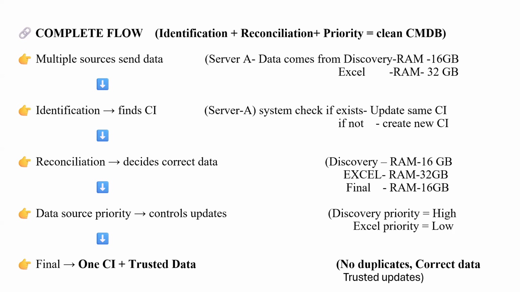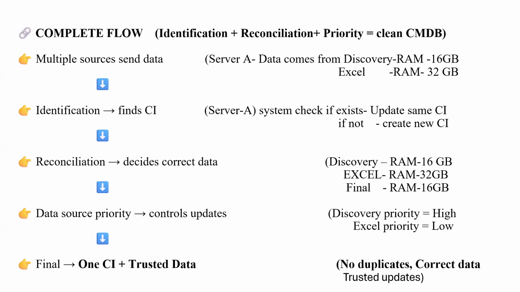This is the complete flow. Here, multiple sources send data. It means in ServiceNow, CMDB data comes from multiple sources. What are the multiple sources? Discovery is one source, import sets are another source, and third-party tools are another source. Third-party tools means Excel sheets and manual entries. Each source can send different values for the same CI.